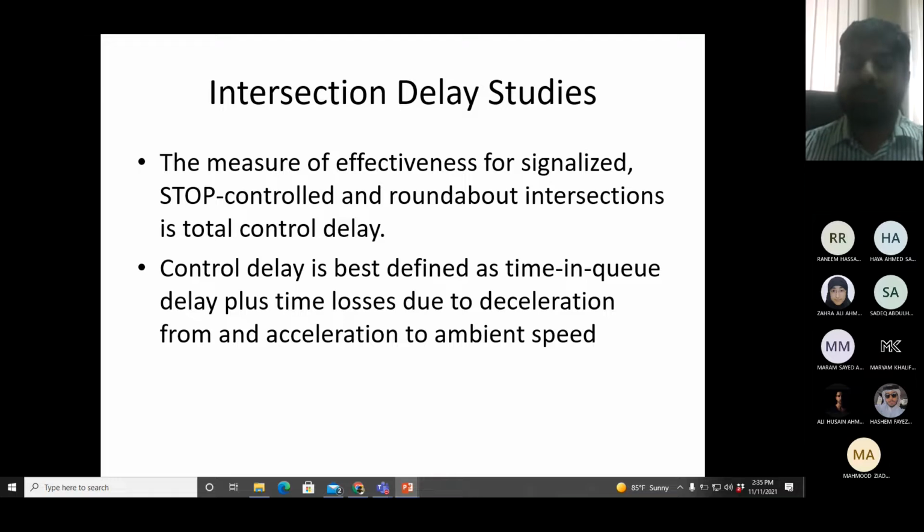So the effectiveness of intersections is measured in terms of delay. An intersection which causes more delay is less efficient as compared to an intersection which causes less delay. So higher delay means less effectiveness, lower delay means higher effectiveness of the intersection.